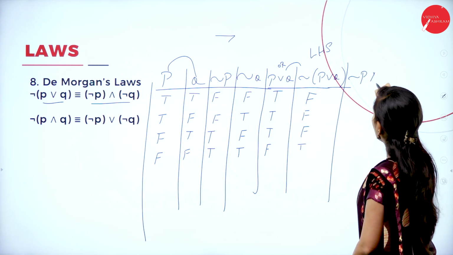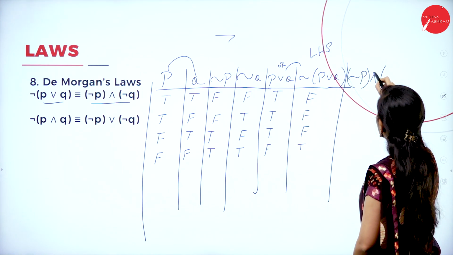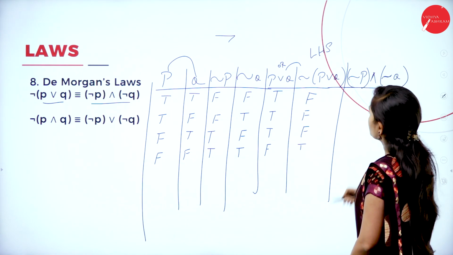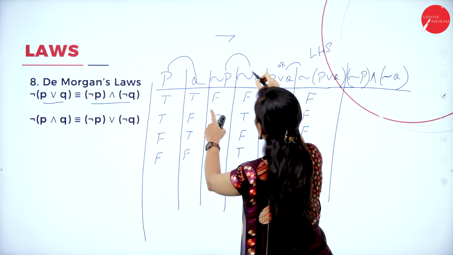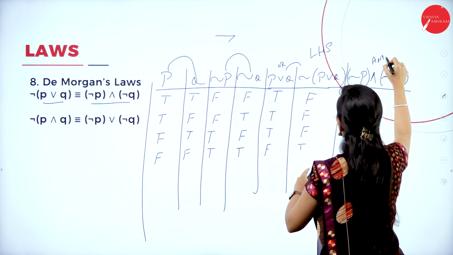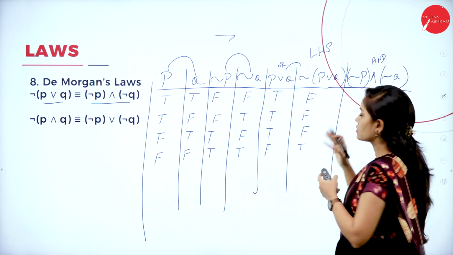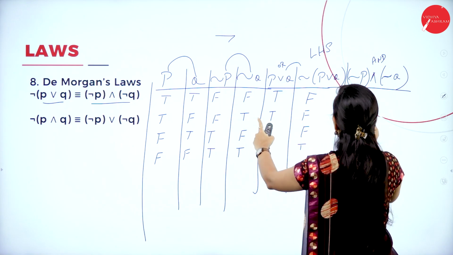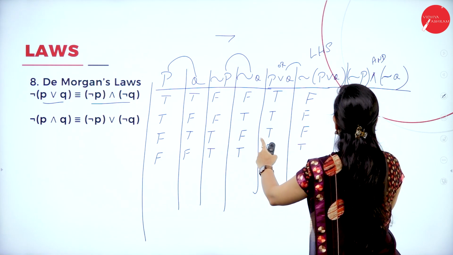Negation P is ANDed with negation Q. So negation P and negation Q. Just see these two columns. Here I am using AND operation. If any one of the conditions is false, the result is also false. So false, false is false. False, true, false. True, false, false.